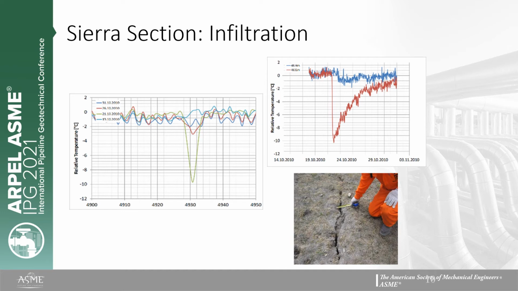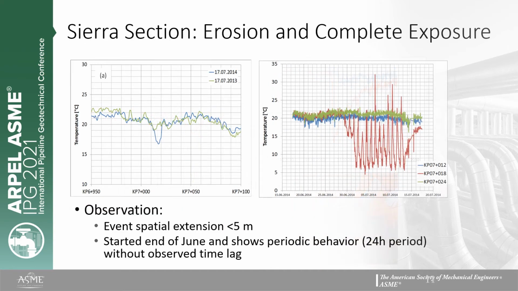That was taken seriously because it's the starting point of larger erosion of the right of way. Another type of event that was detected, as we can see here, is a negative peak again, and if we look at its temporal evolution, we see that the negative peak is changing over time. It has a periodic behavior of 24 hours.